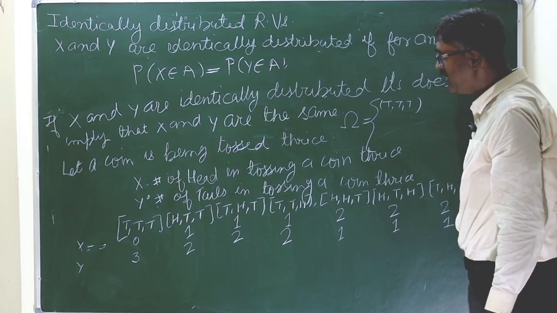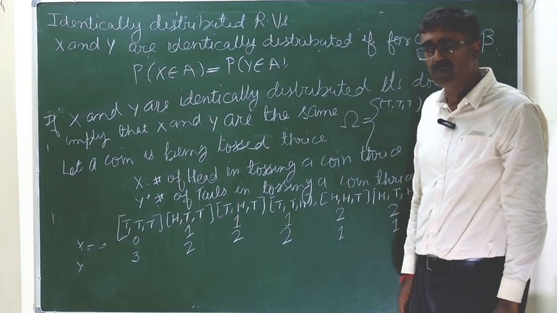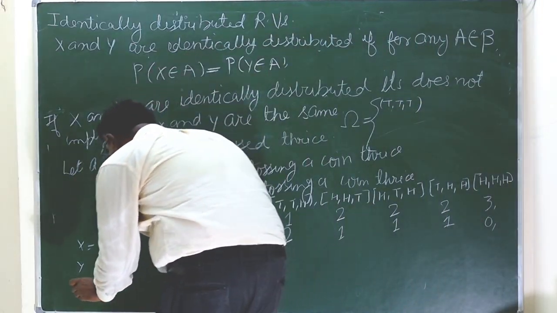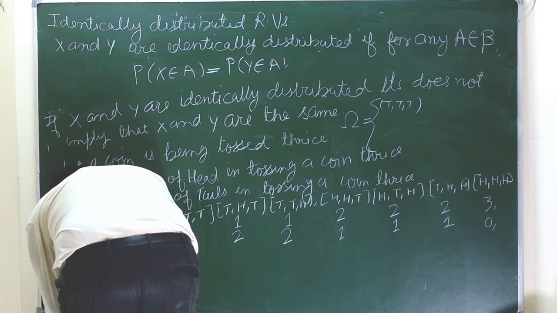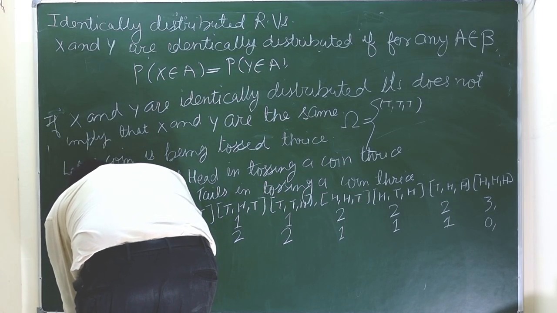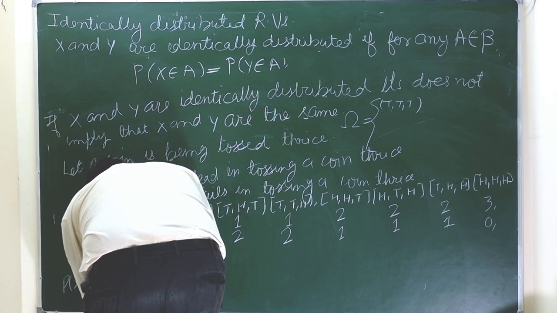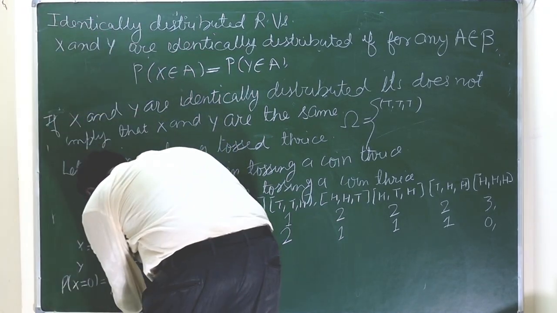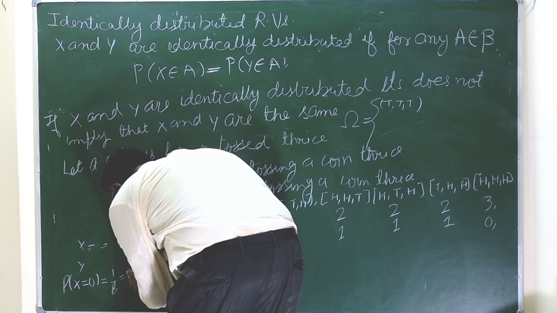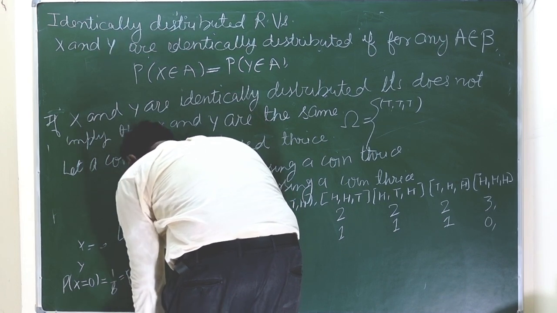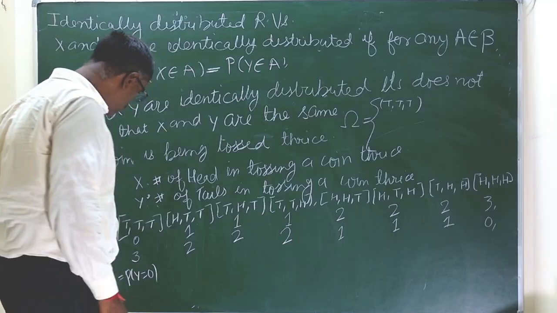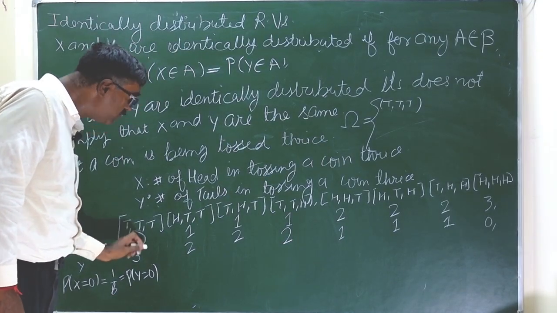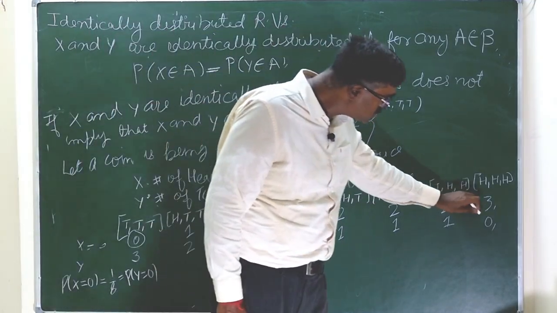Now we will see the probability of x is equal to 0. It is 1 by 8. And similarly, this is exactly the probability of y is equal to 0. So x is equal to 0 only in one case, and y is equal to 0 in this case.